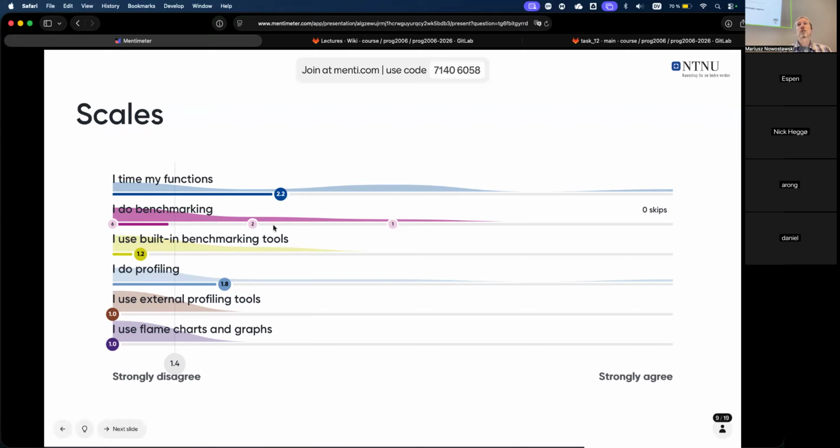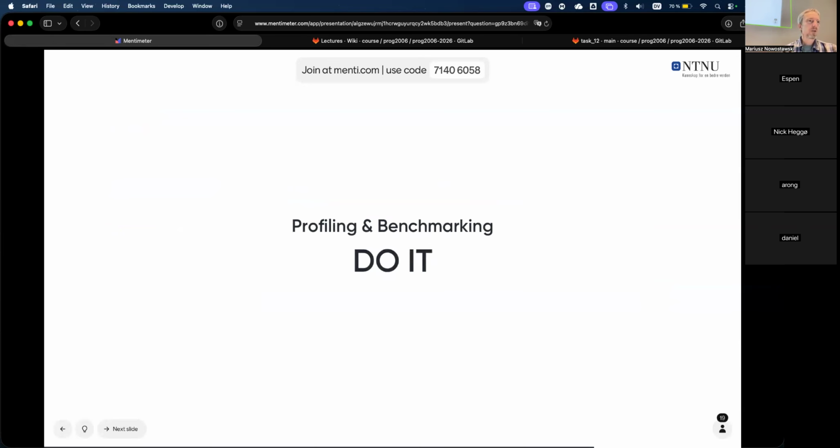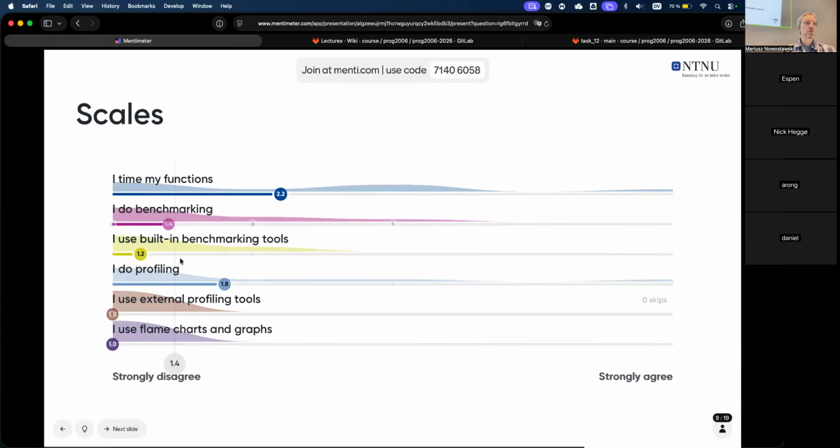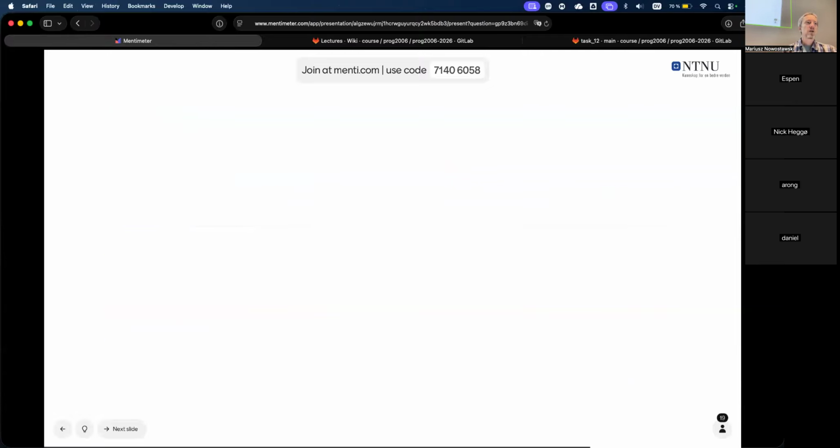I could do 2000, but maybe you care. Maybe you say, how many requests per second can I do, right? So then you can play with this. Okay, so profiling and benchmarking, try doing those things, try timing your stuff, try using the built-in tools, especially for the cloud with Golang. It is actually quite fun.